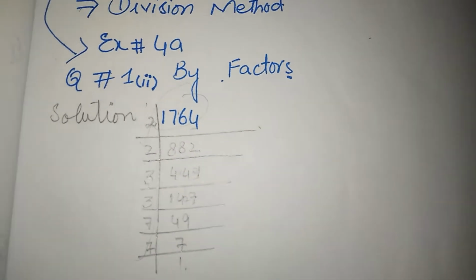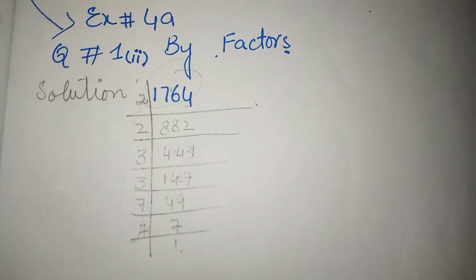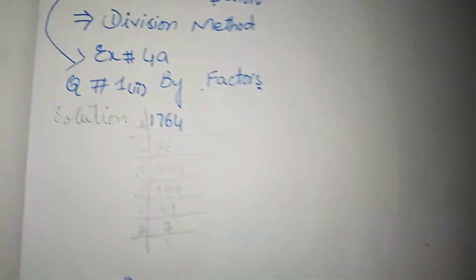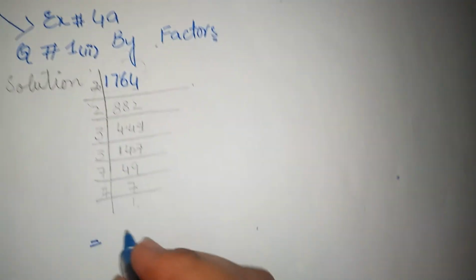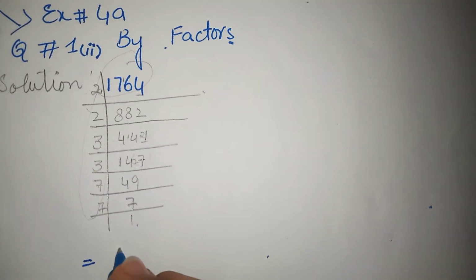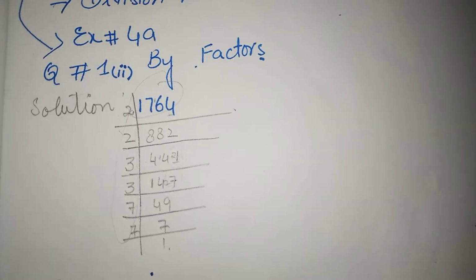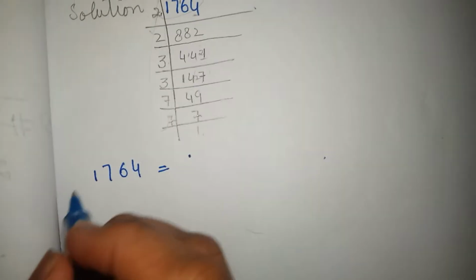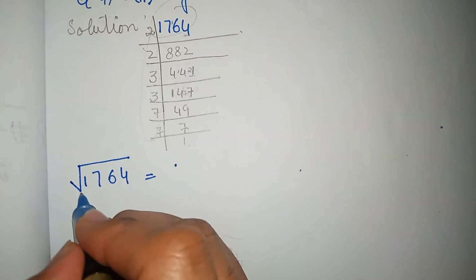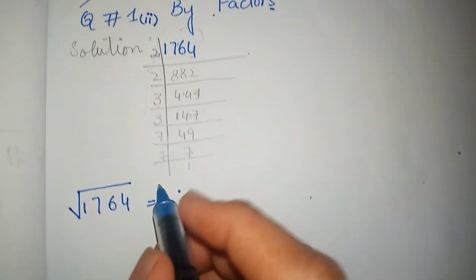So what we will do, we have to find the square root. The number is 1764, and this is the symbol of square root.